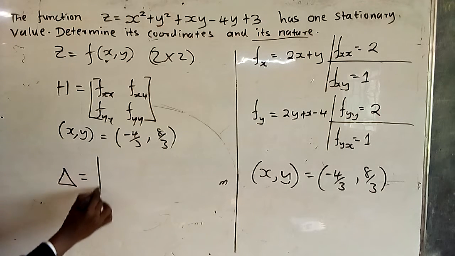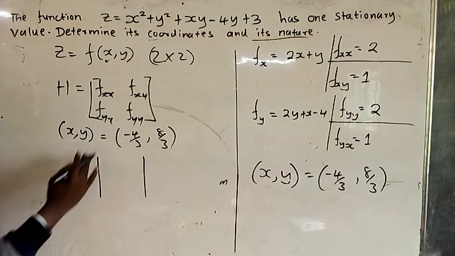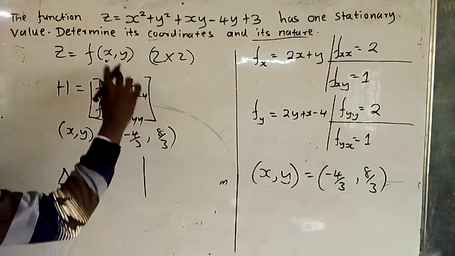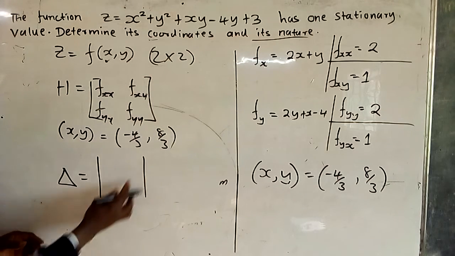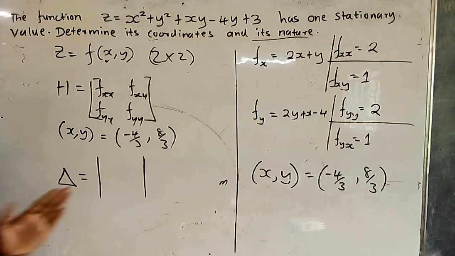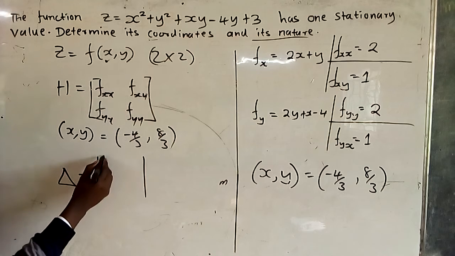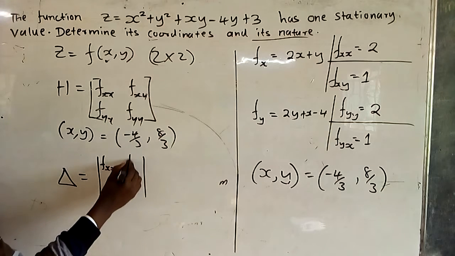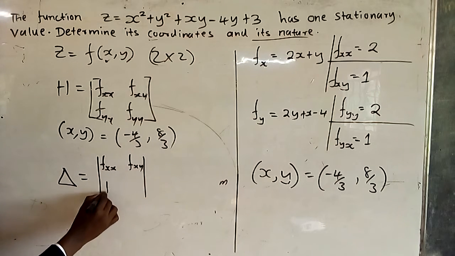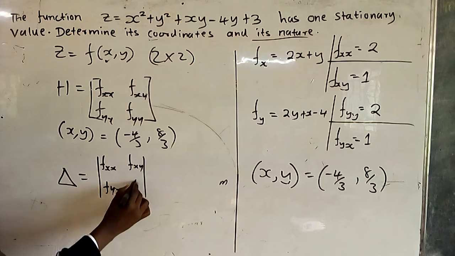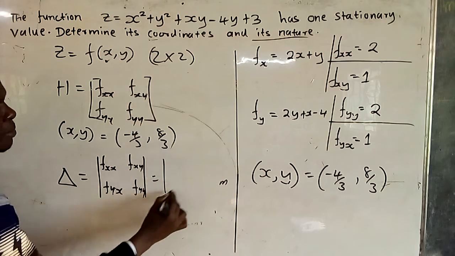The discriminant is the determinant. When you put it in a box, that is a matrix, but these two absolute value strokes mean determinant. So it is the determinant of what you constructed here: f of xx, f of xy, f of yx, f of yy. So you do the substitution.